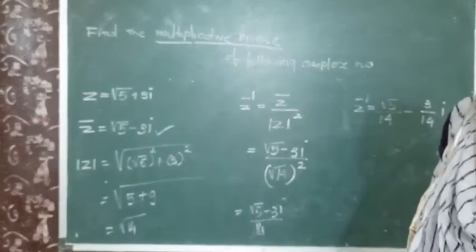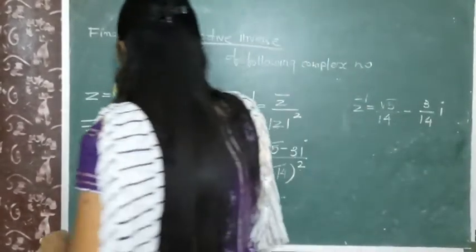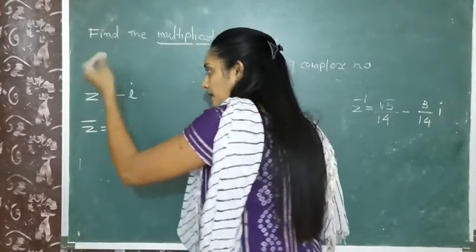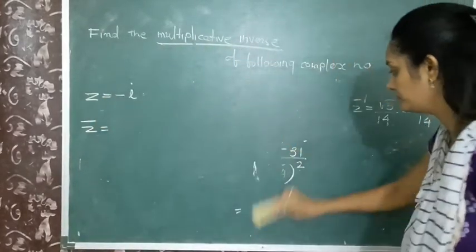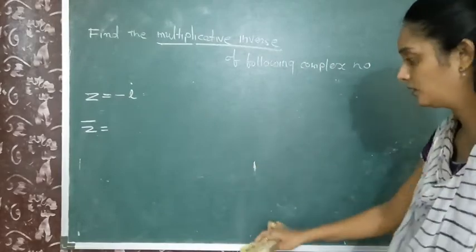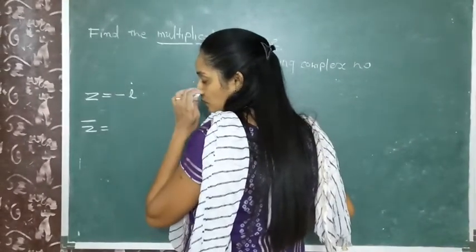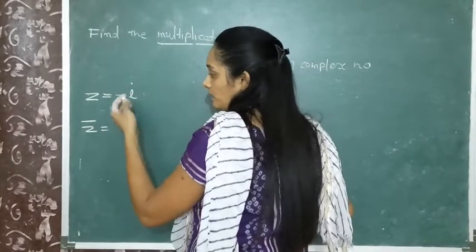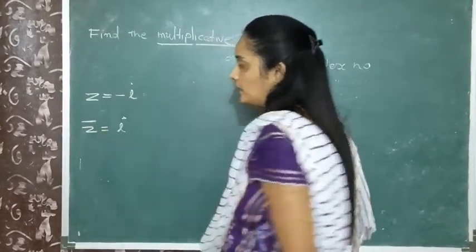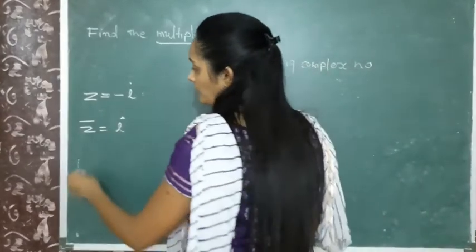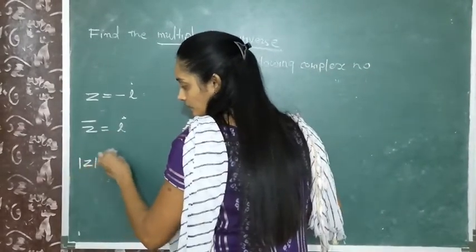Now next sum is Z equal to only minus i. Now we have to write the conjugate, and for the conjugate we change the sign of the imaginary part. So here minus i, so the conjugate of minus i is plus i. Now the modulus.